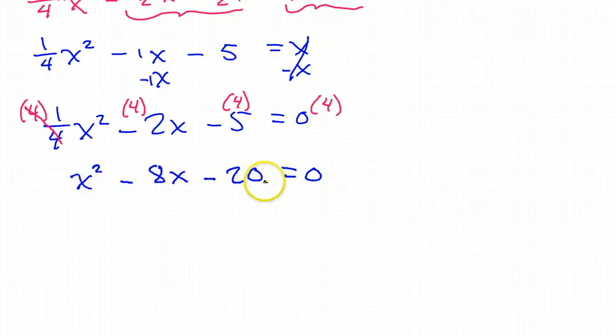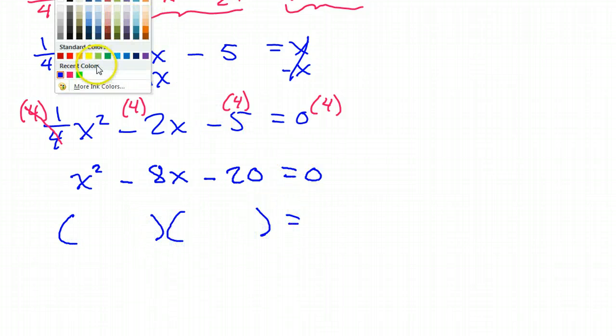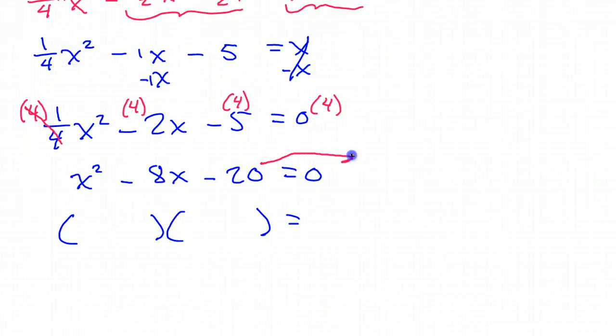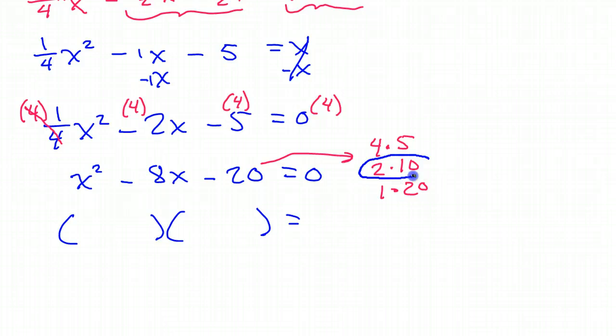So with any luck, this will factor. Let's give it a shot. As I'm looking at the 20, I'm thinking things like 4 times 5. What else? I guess that's 2 times 10, and then 1 times 20. Looking at a middle of negative 8, my favorite is 2 times 10. X squared can only be x times x.